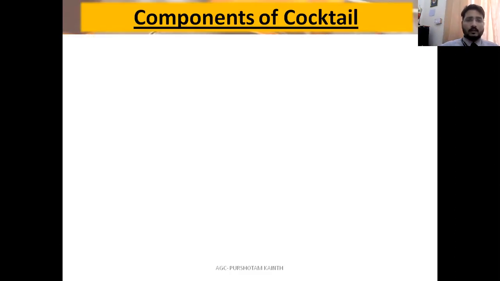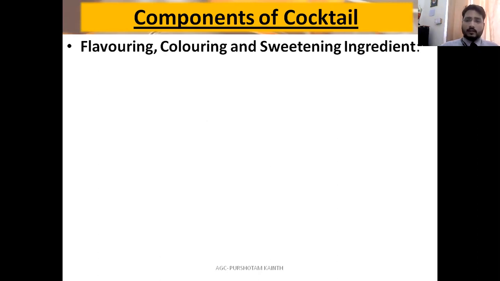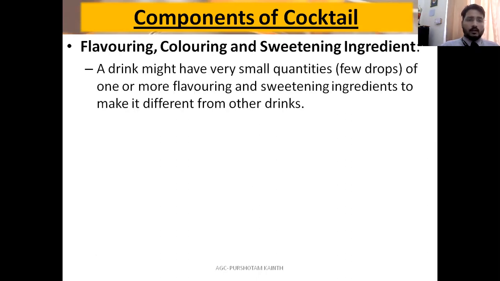The third component is flavoring, coloring, and sweetening ingredients. From the name, we can easily judge what can be added here. A drink might have very small quantities, a few drops or dashes of these things, just to change the flavor, put some color, or give a sweetened taste.